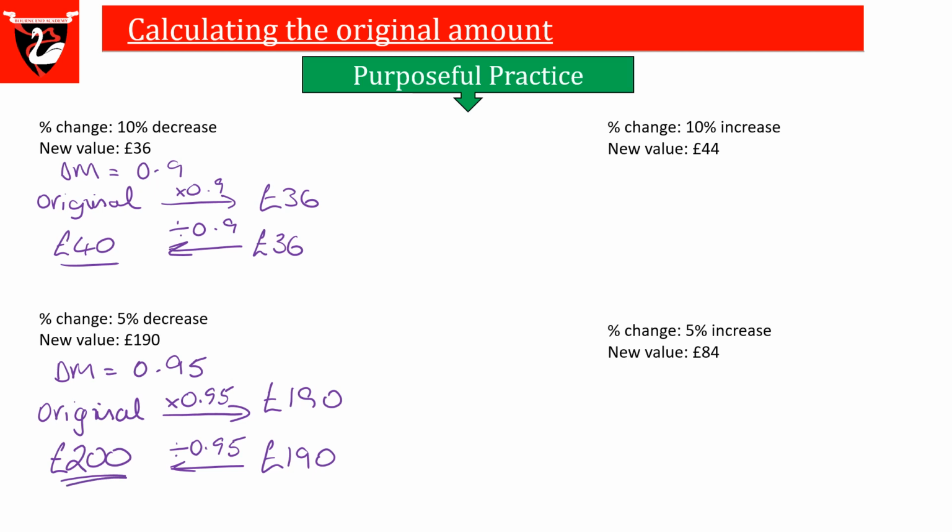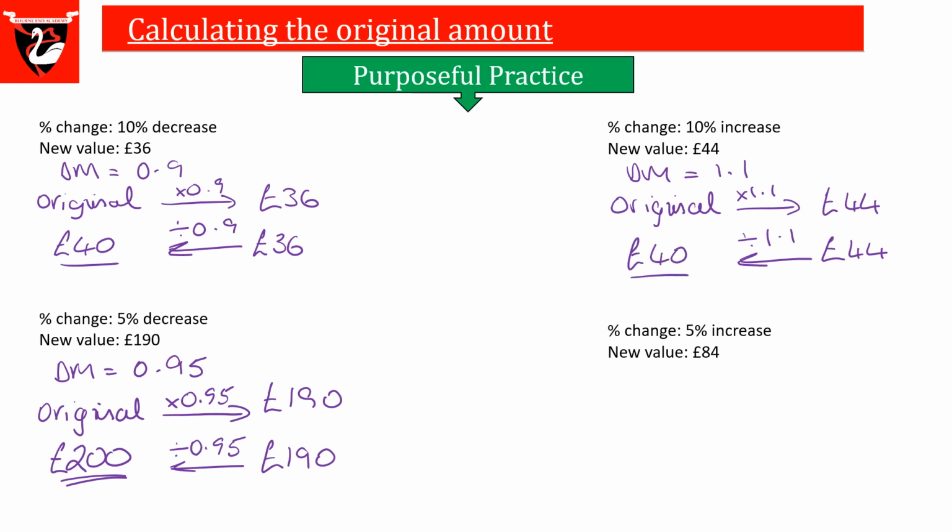In the next question, we've got a 10% increase. So our decimal multiplier is 1.1. We have our original, we'd multiply by 1.1, and that would give us our new value of 44. We reverse, so we have £44, divide by 1.1, giving us an original amount of £40.